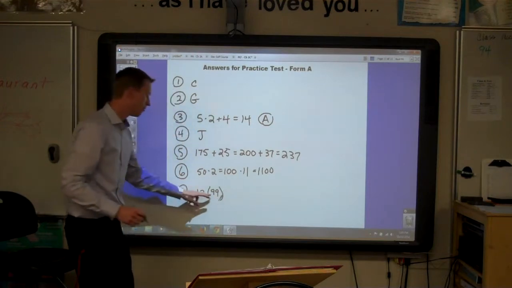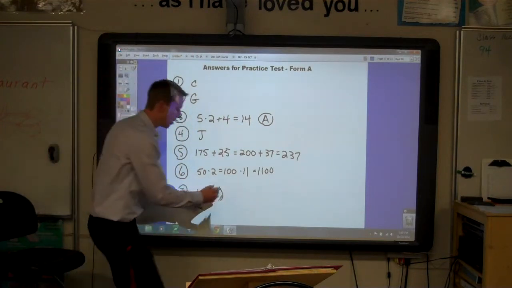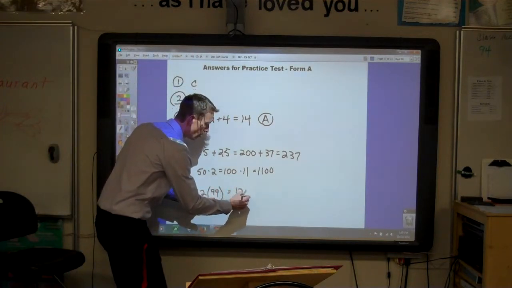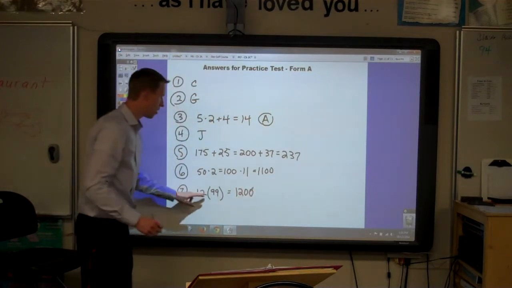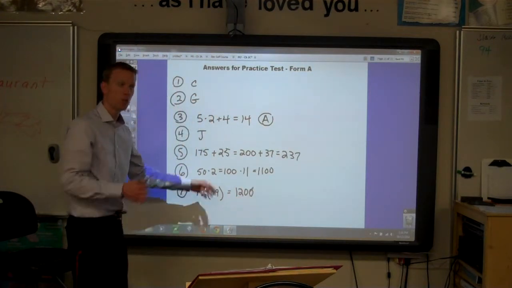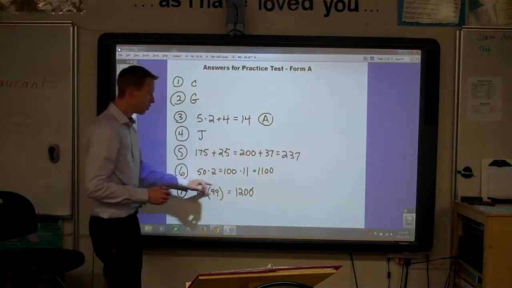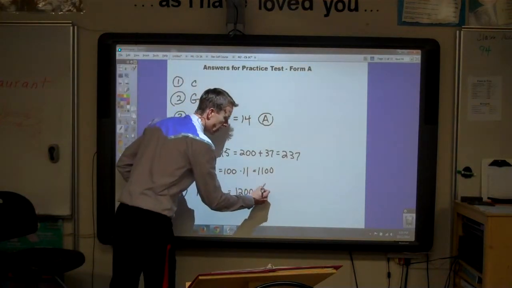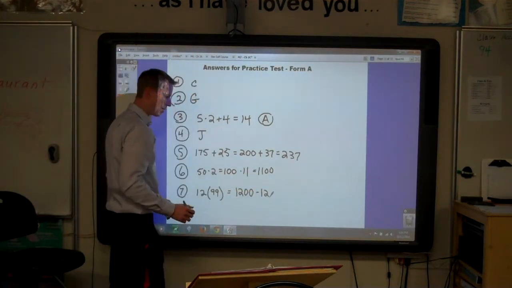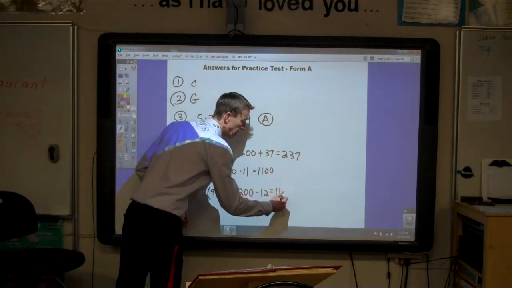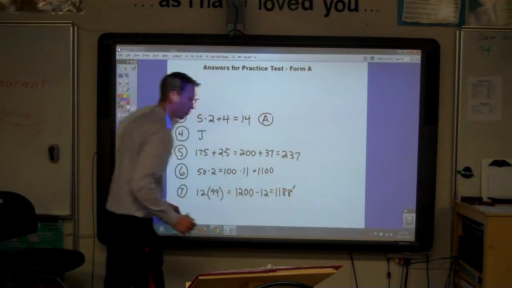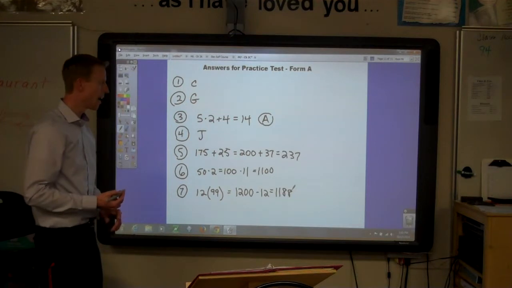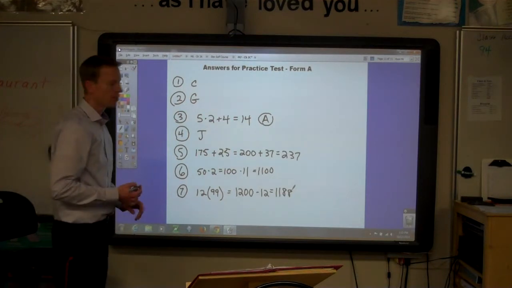If you think 12 times 100 is 1200, this is 12 times 99, so it's 1 less 12. So if you do 1200 minus one of the 12s, that equals 1188. So 2 points for that. Let's go on to number 8.